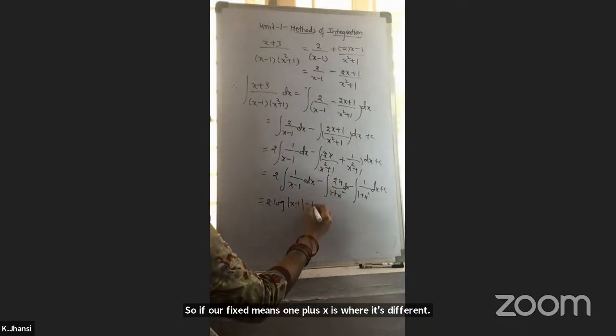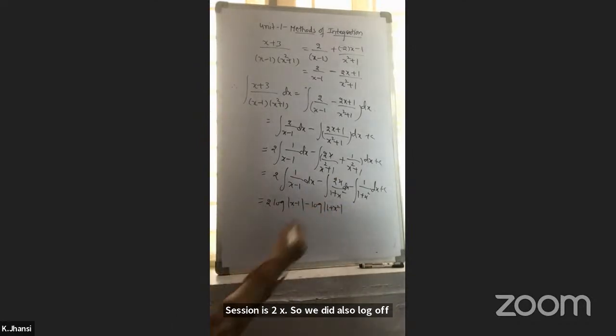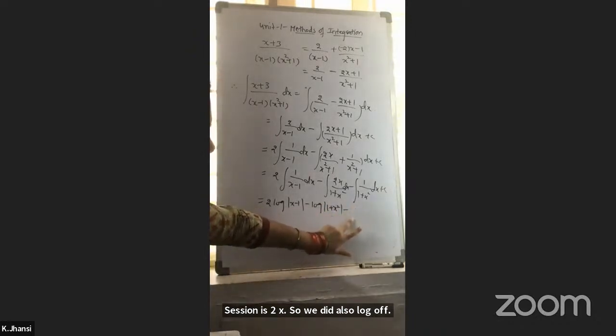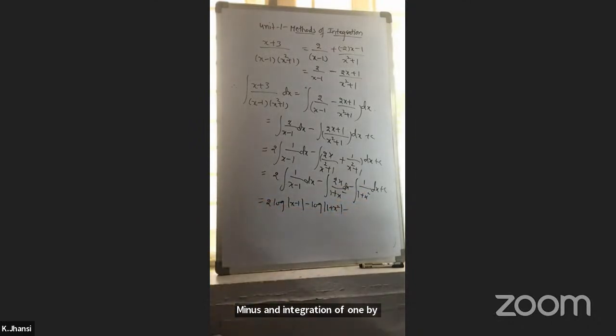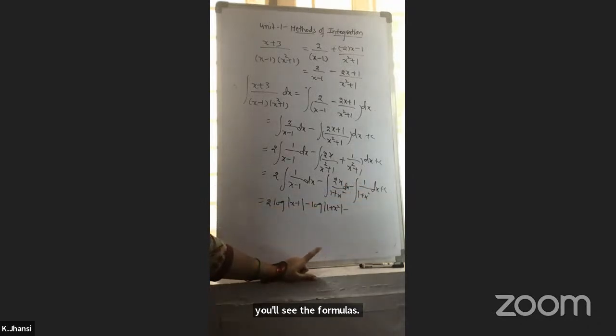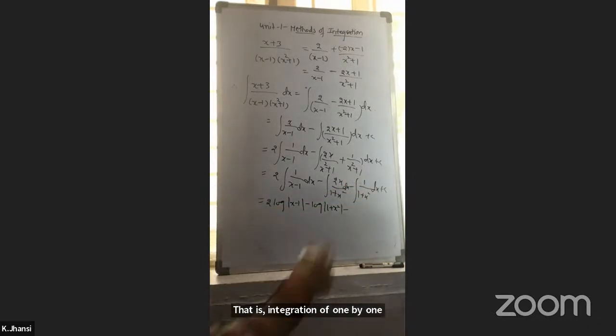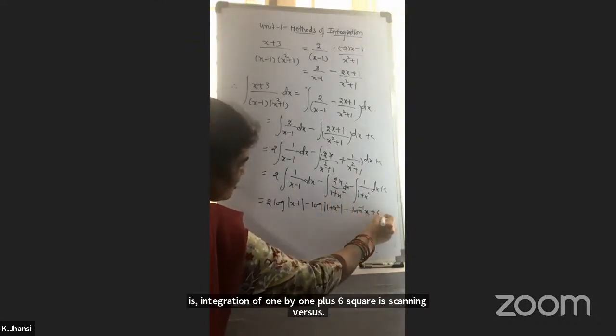So it is also log of 1 plus x square. Okay, minus, sorry, and the integration of 1 by 1 plus x square. If you see the formulas, the integration of 1 by 1 plus x square is tan inverse x. So it is minus tan inverse x plus c.